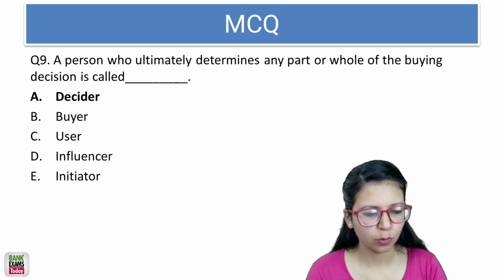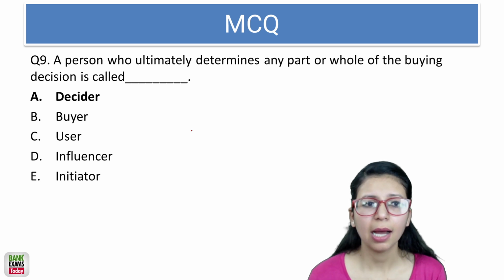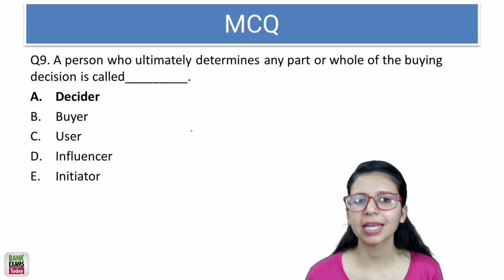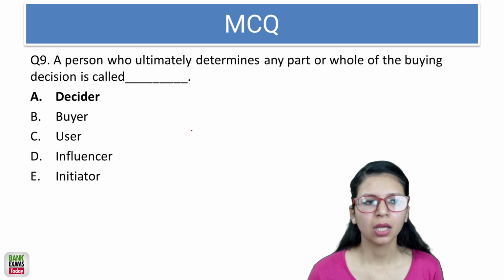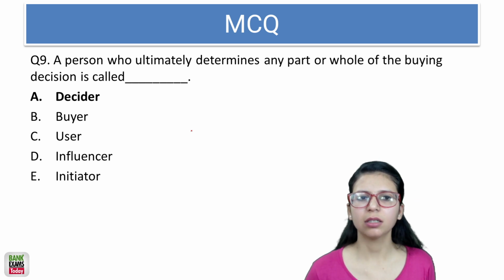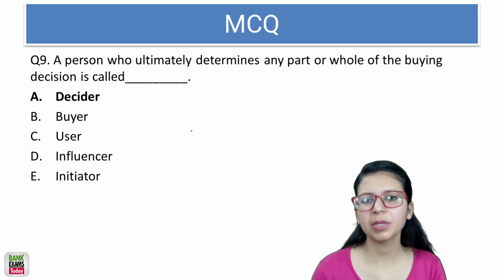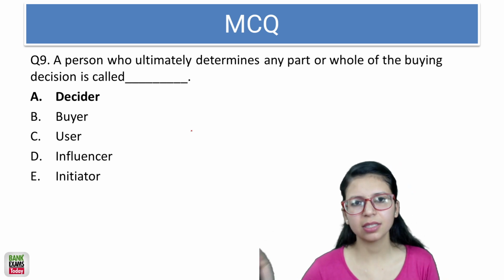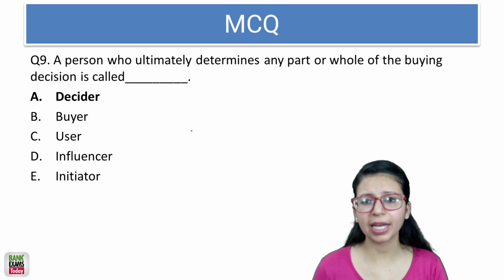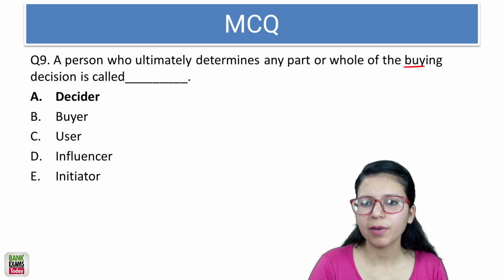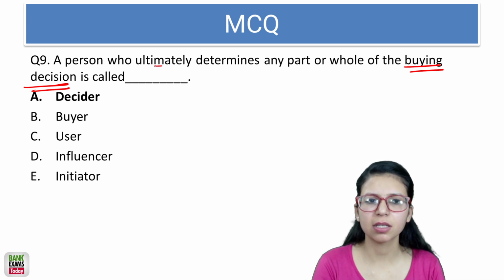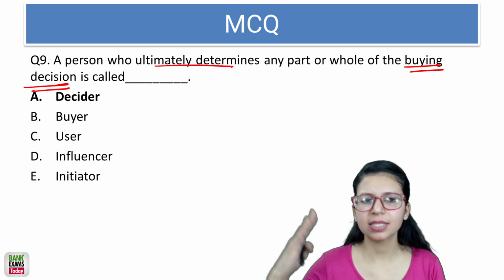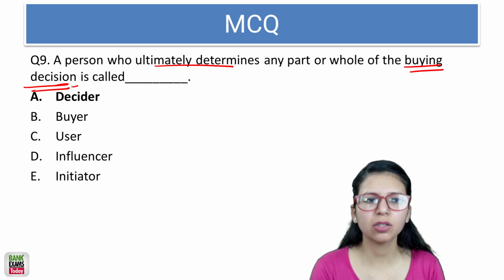Now let's move on to the ninth question. A person who ultimately determines any part or whole of the buying decision is called dash. Who is the person that ultimately determines what has to be bought? The person who decides at the end, that is the decider.